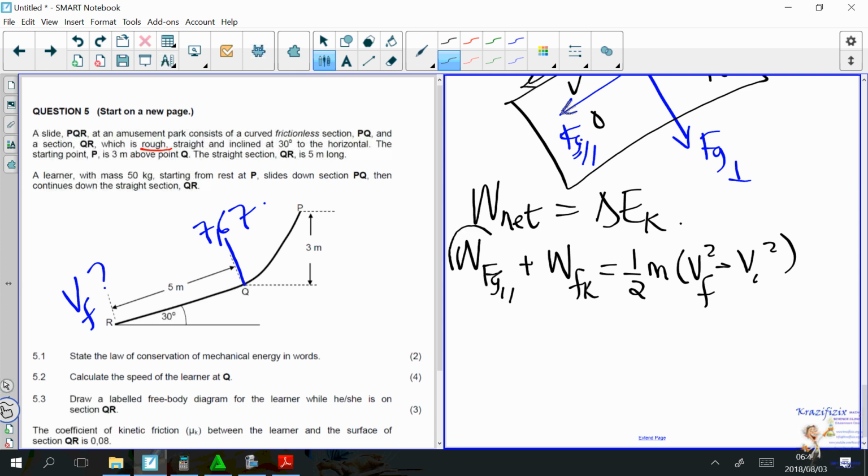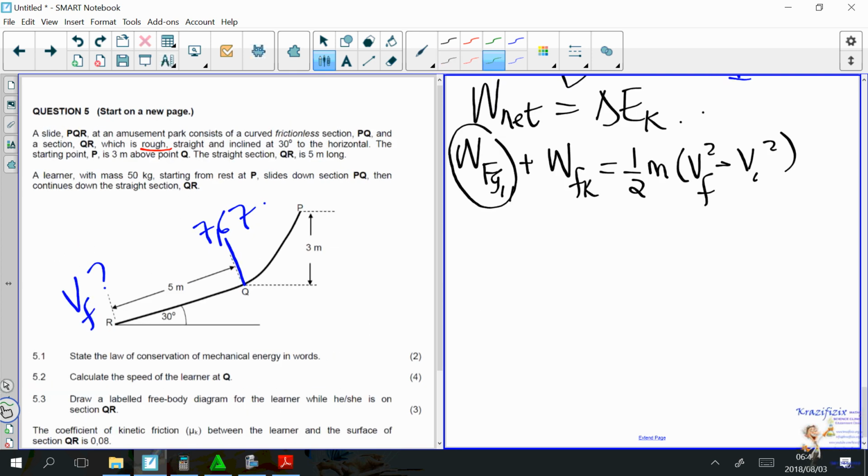Now my original formula for work, if you check your formula page, is F delta x cos theta. Now if that's the case, I am dealing with Fg parallel. So this force becomes Fg parallel.